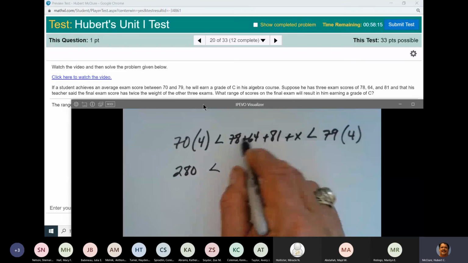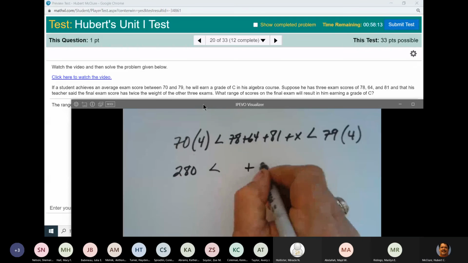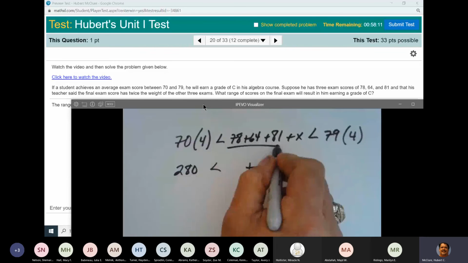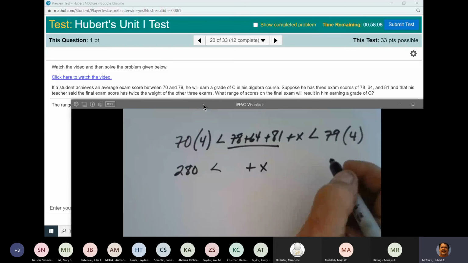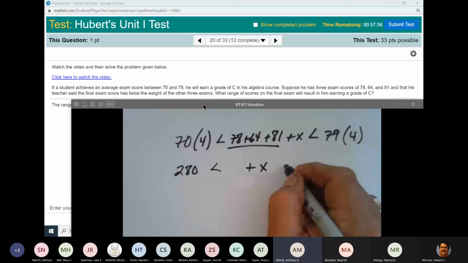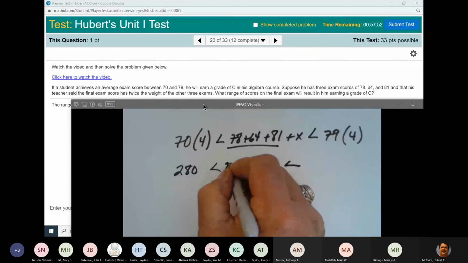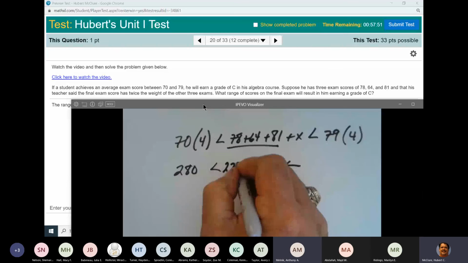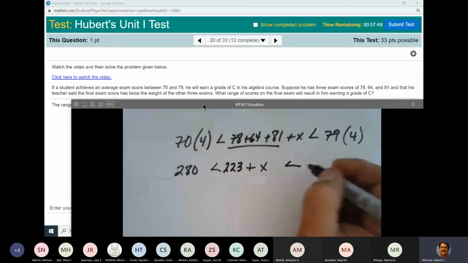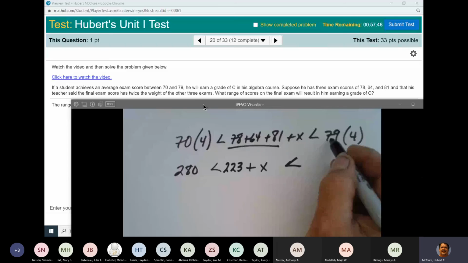213. Somebody add those up. Tell me what you get. Those 3 right there. 213. 223. Okay, I was off. 223. Okay. Less than 4 times 80 is 320 minus 4 is 316.